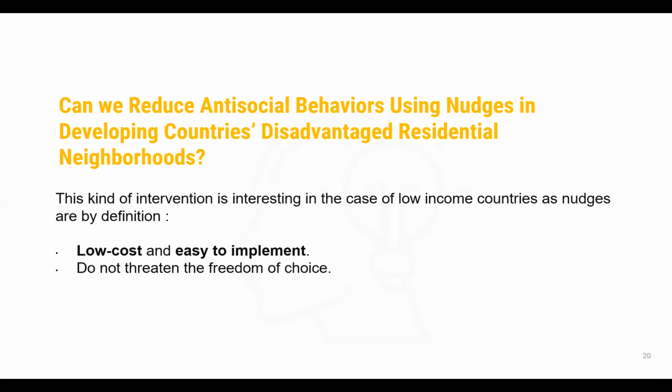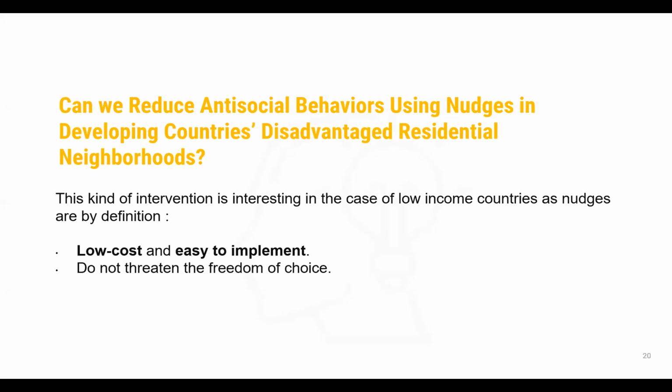So, I was wondering what if we could apply this Japanese expertise in order to conceive a nudge strategy in developing countries, Morocco, for example, in order to solve some of the many problems linked to behavior in disadvantaged residential neighborhoods, like littering or vandalism and other anti-social behaviors.